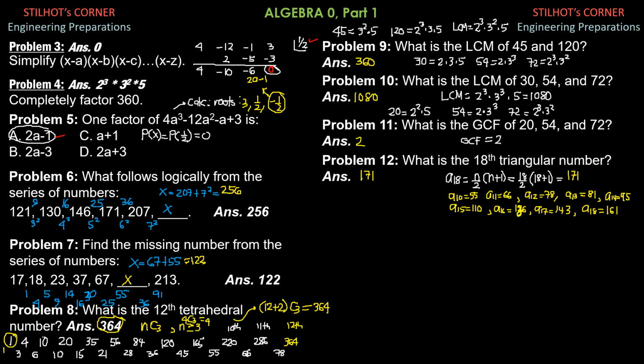The 10th triangular number, 5 times 11, 55 is correct. 11 is 66, 12 is 78, 13 is 81, 14 is 95, 95 plus 15, 110, 110 plus 16, 126 plus 17, 143 plus 18, 161.